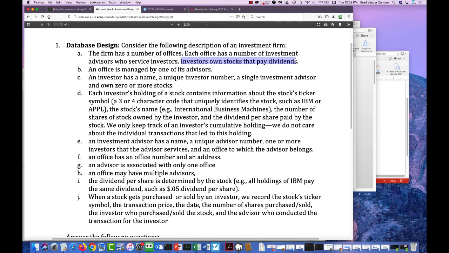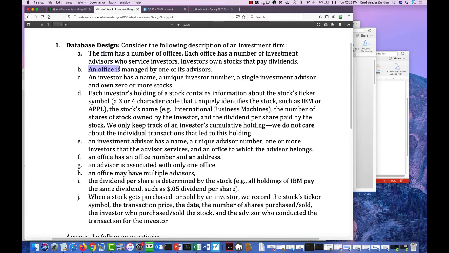But it seems like in A, we've gotten a lot of our entities. It seems like offices is an entity, advisors is an entity, investors is an entity, stocks is an entity. We're not sure quite what's going on here with dividends. Firm, again, not an entity. It is the database.